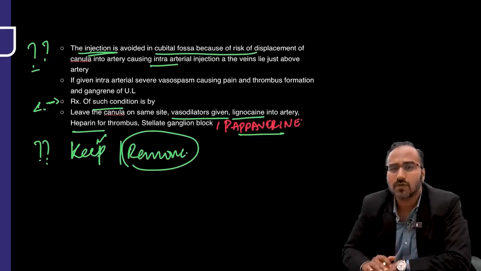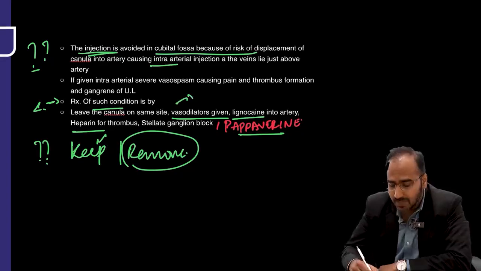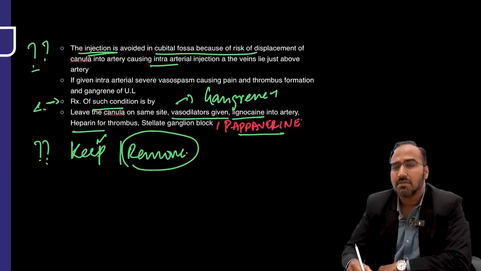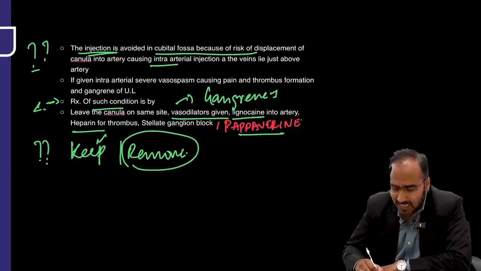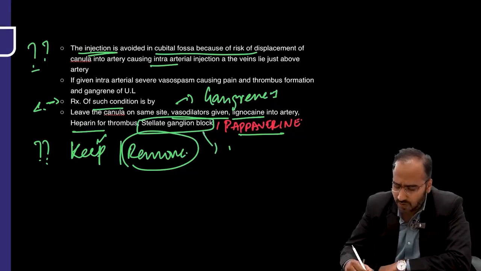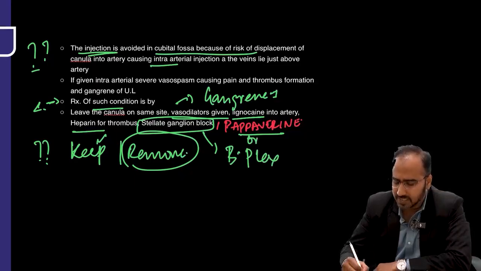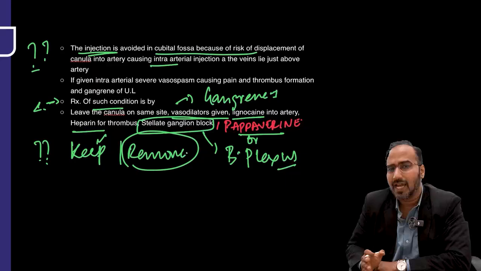If nothing works, always think that the patient might land up in gangrene. If nothing works, immediately what should you do, guys? Immediately you should go for a block called stellate ganglion block, or you can also go for a brachial plexus block. So we are going for any one of them.